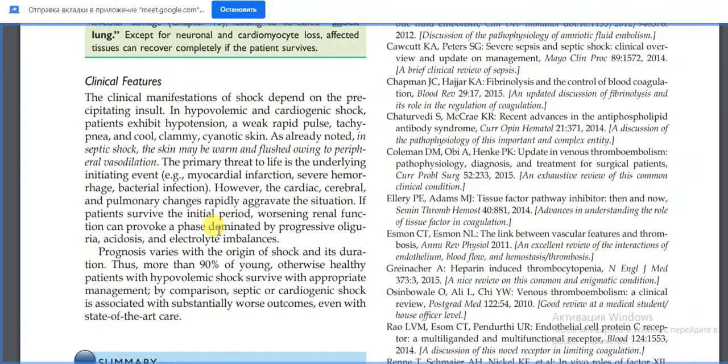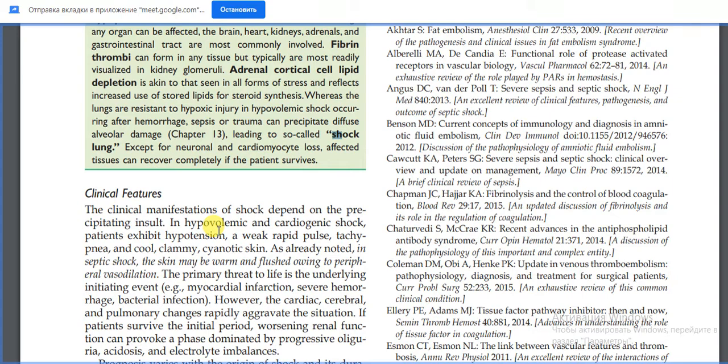Even in shock, in some situations you can heal them, so don't give up. You only need to care about the brain and heart, because irreversible changes of the heart and brain always cause death.